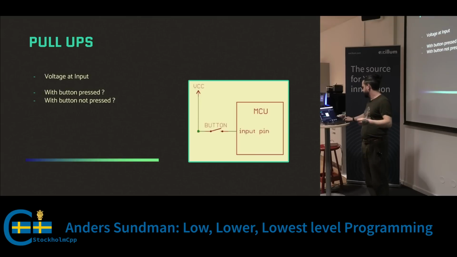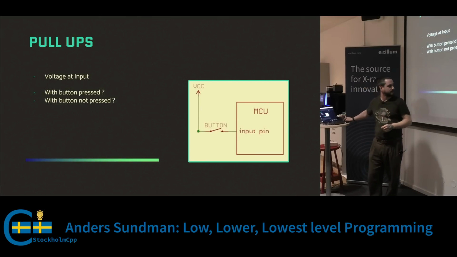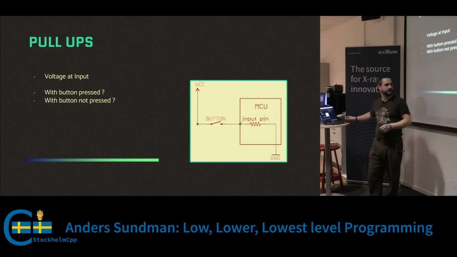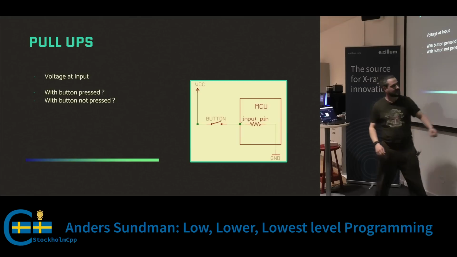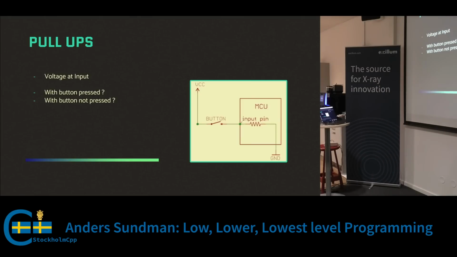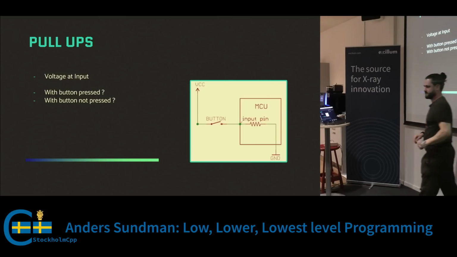Let's dig into this a little bit more. This is how it actually looks. There's actually a pretty big resistor in here, a mega ohm big resistor, because otherwise it would be a short circuit if you close the circuit.